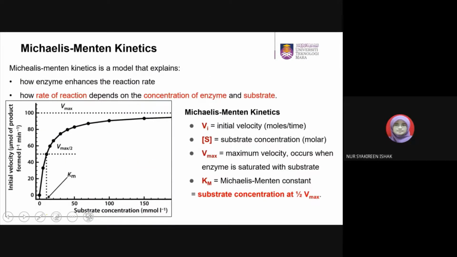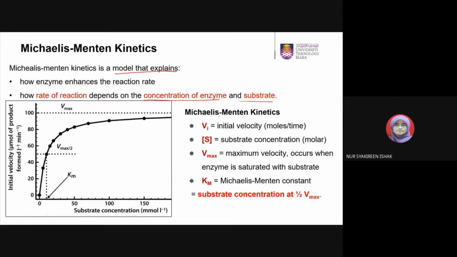Okay, so Michaelis-Menten kinetics is a model that explains how an enzyme enhances the rate of reaction, and how the rate of reaction depends on the concentration of enzyme and substrate.